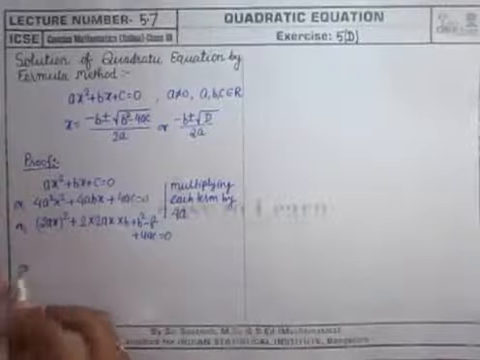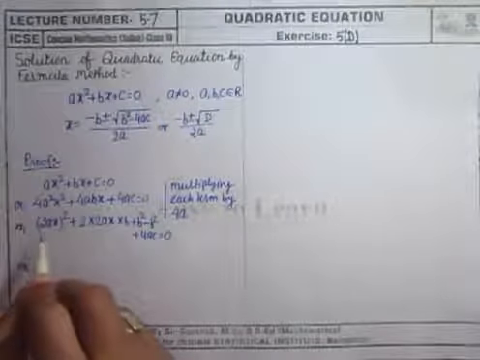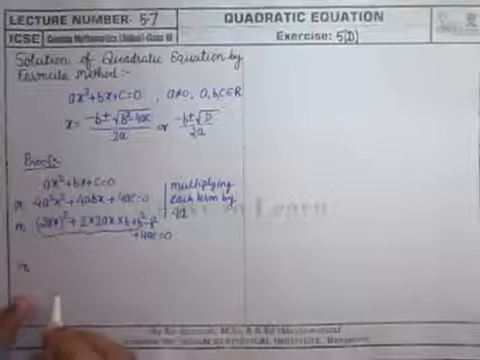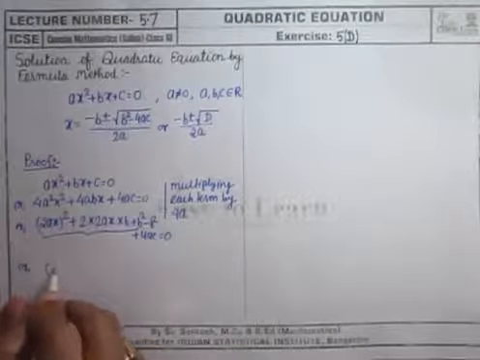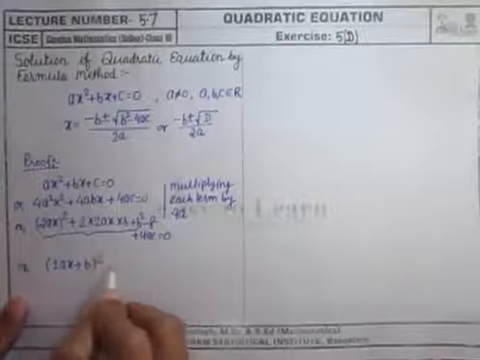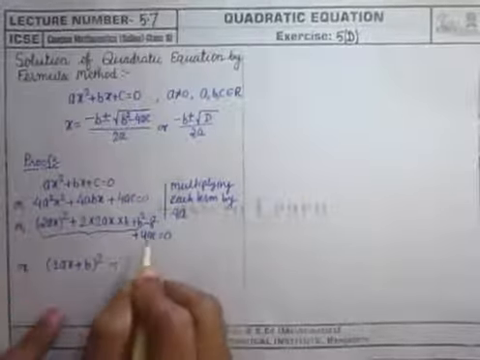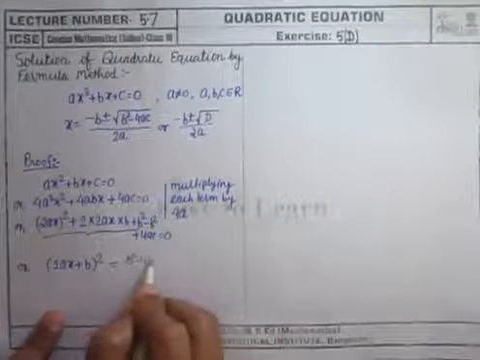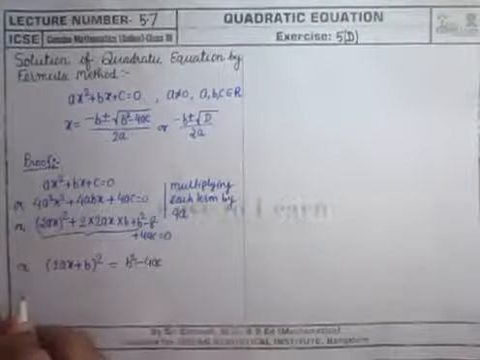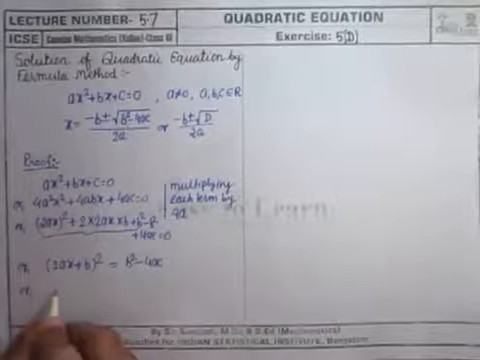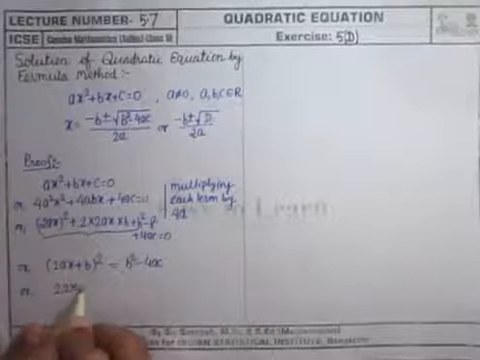Now you can see from here to here it is a perfect square. It can be written as 2ax plus b whole square, and shift the remaining terms to the right side, so b square minus 4ac. Now shift the square to the other side, so it will be 2ax plus b.